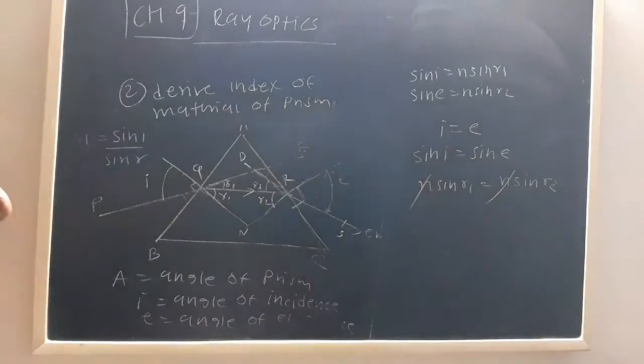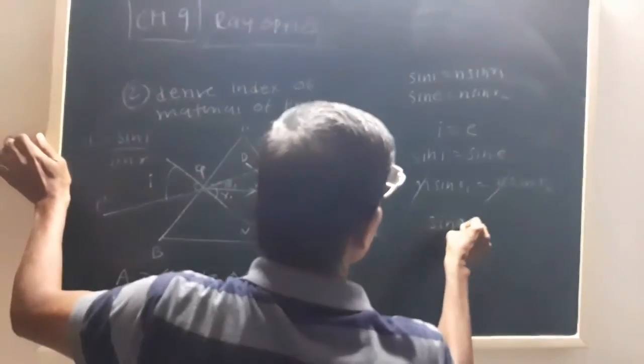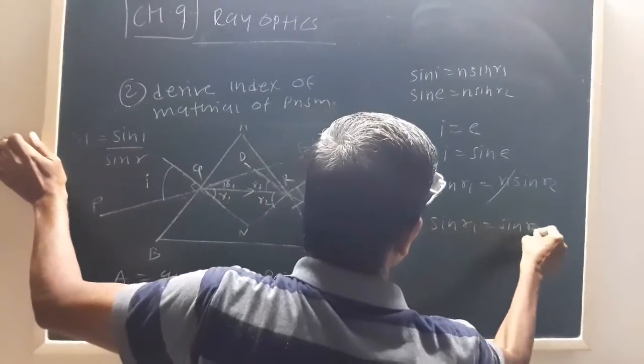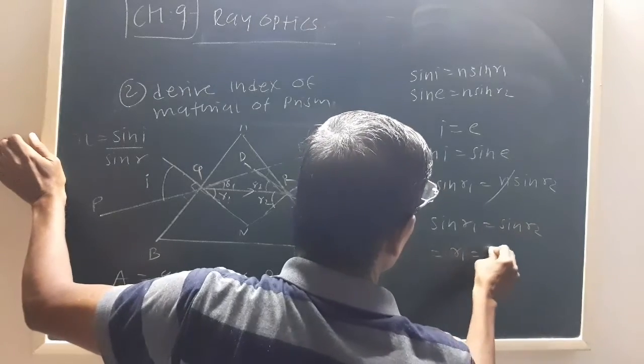So we can say sin r1 is sin r2. From that we can say r1 is equal to r2.